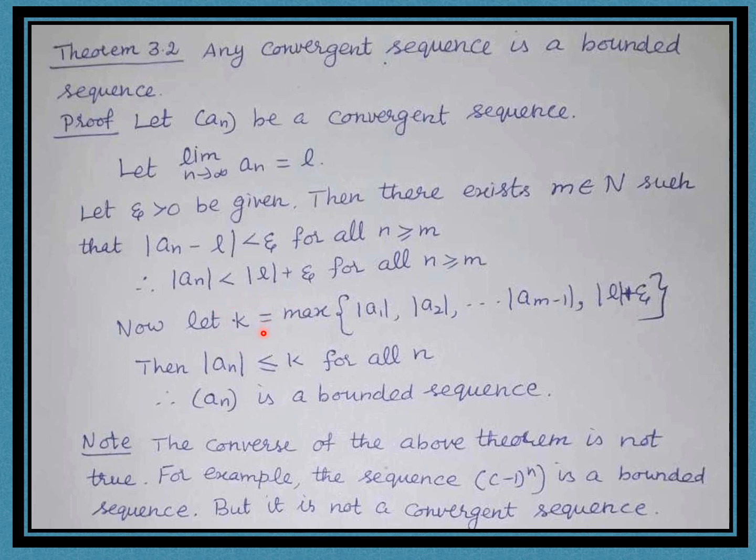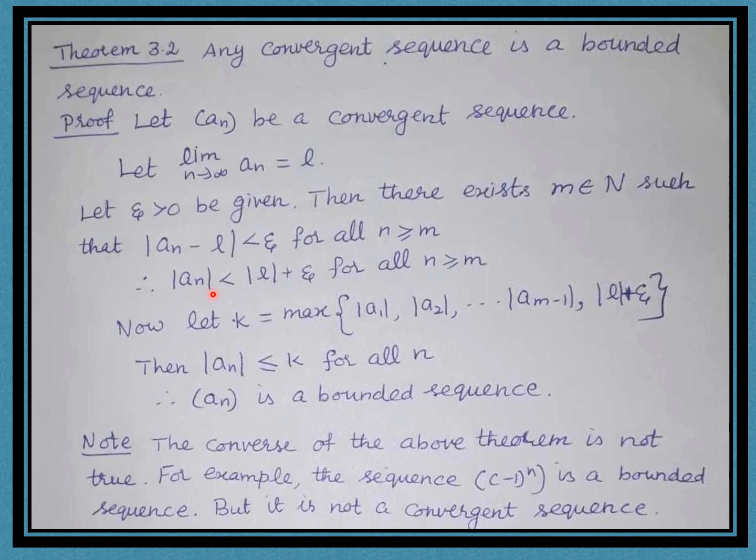Therefore, we are going to choose k as the maximum of the values not involved in this, that is, the values before m: the absolute value of a_1, the absolute value of a_2, etc., the absolute value of a_m, along with L plus epsilon.